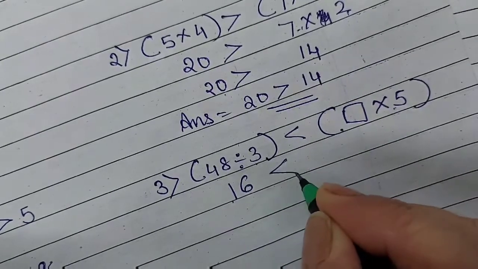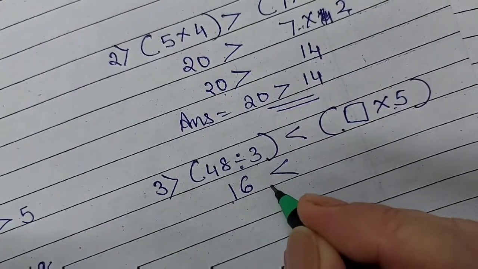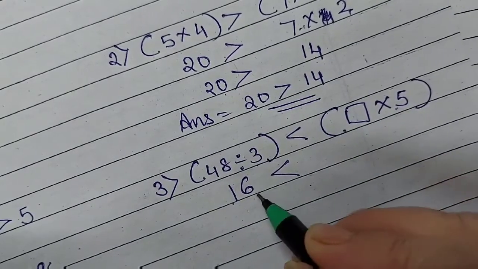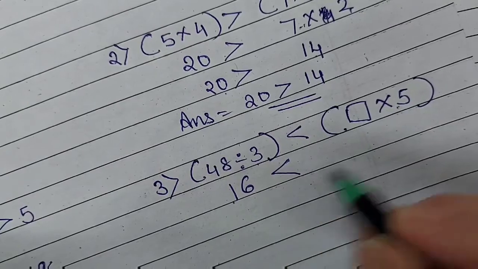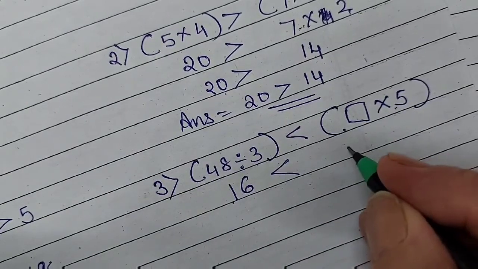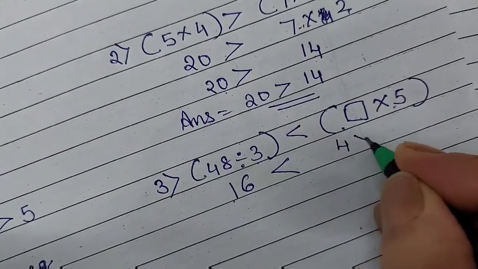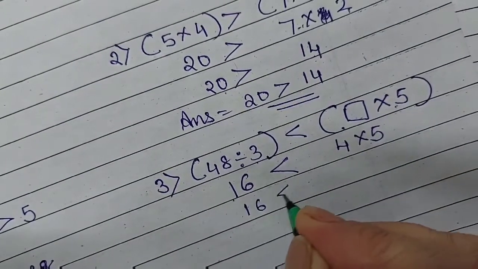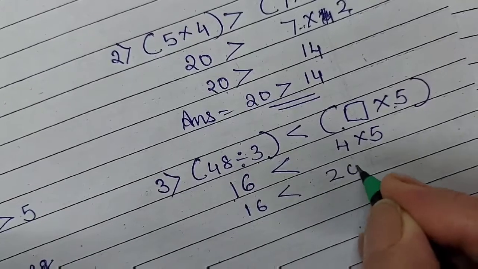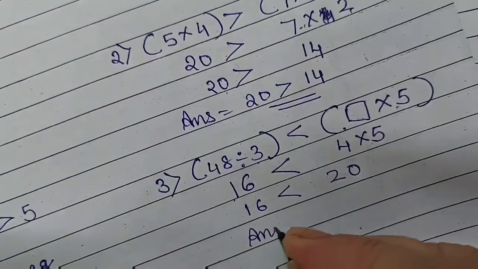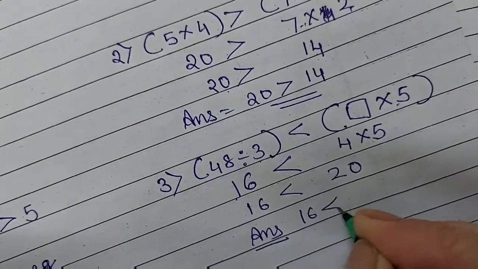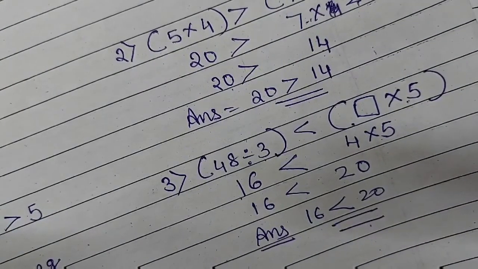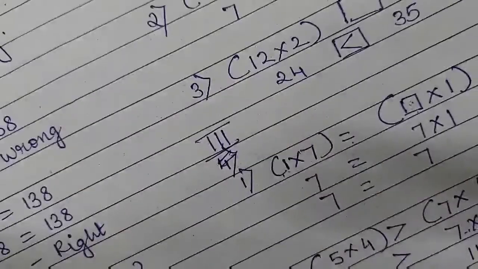Now 16 is lesser than this number, so this answer should be more than 16. If we take 4 here, this is 4 into 5. 4 5s are 20. So we can write here 16 lesser than 20. So your answer will be 16 lesser than 20. Understood? Coming to the next sum.